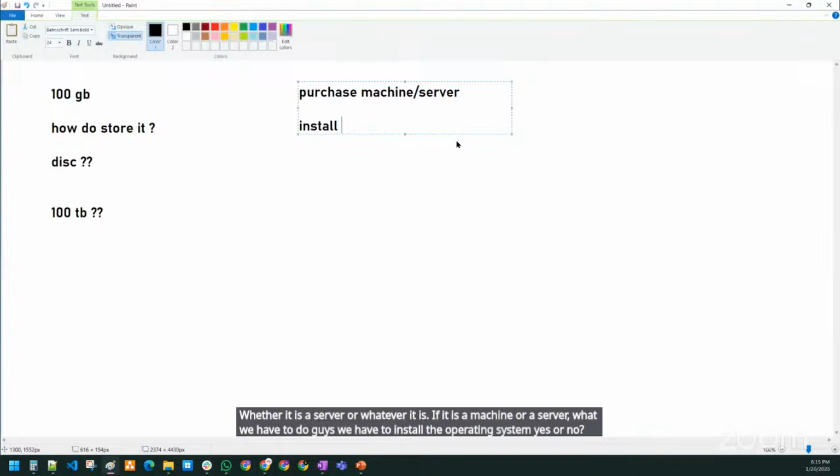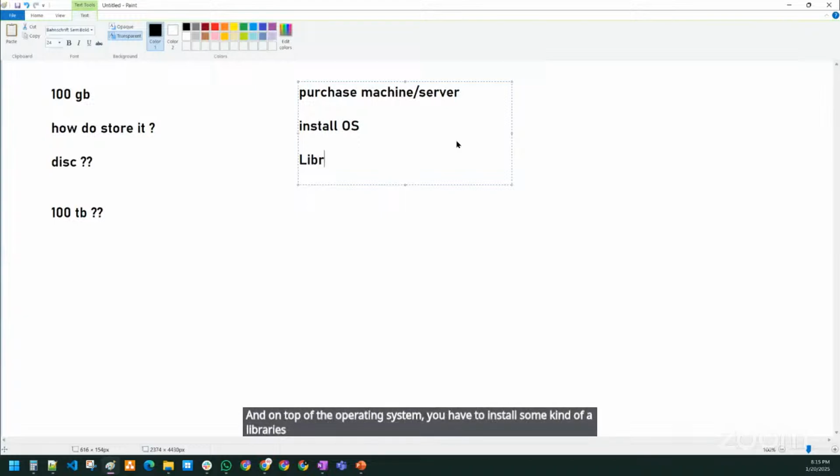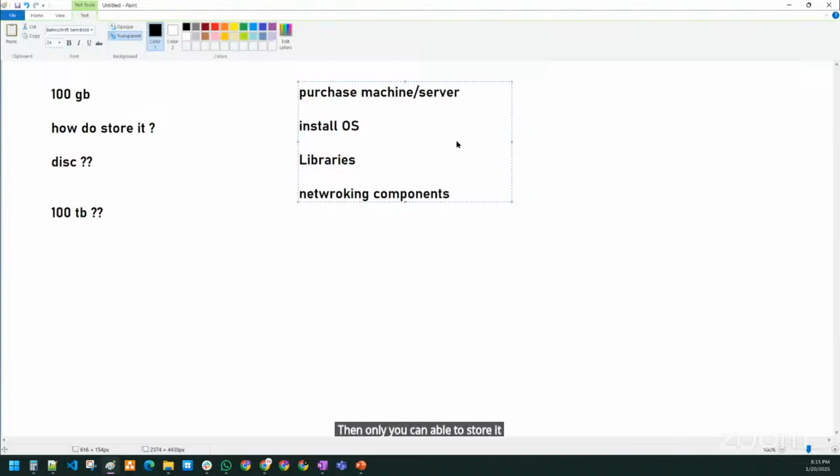And on top of the operating system, you have to install some kind of libraries, right? On top of that, if you wanted to do it over Wi-Fi or networking or whatever it is, you need to do some kind of networking installations also, networking components. Then only you are able to store it from another to here. That is the second thing. And you need to take care of the backup.